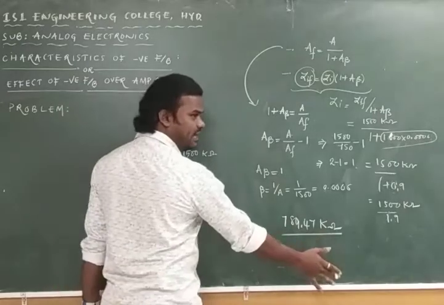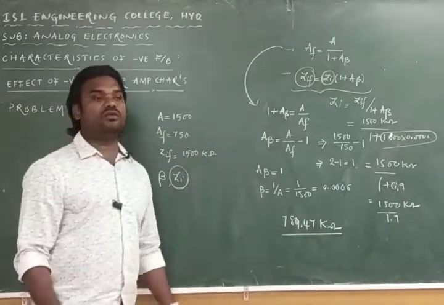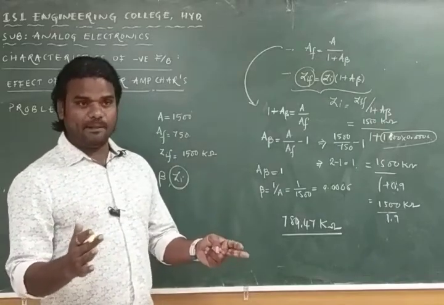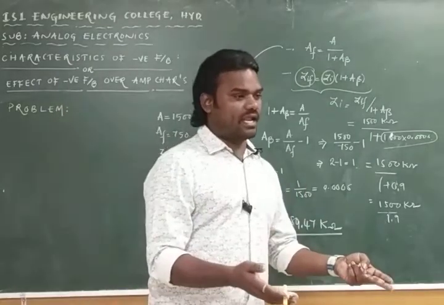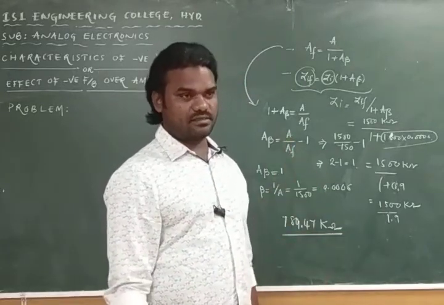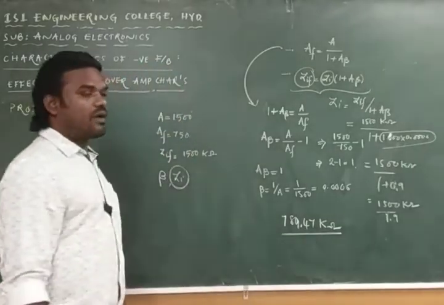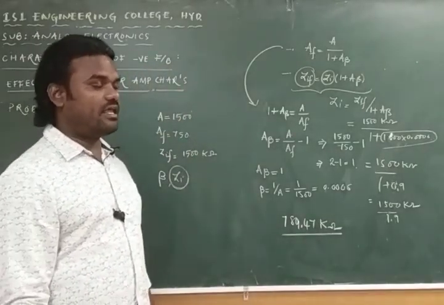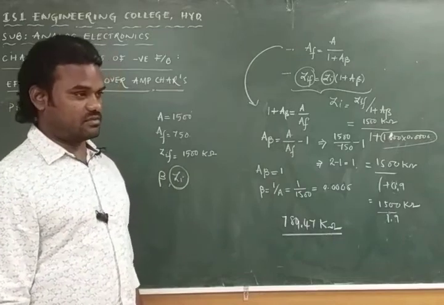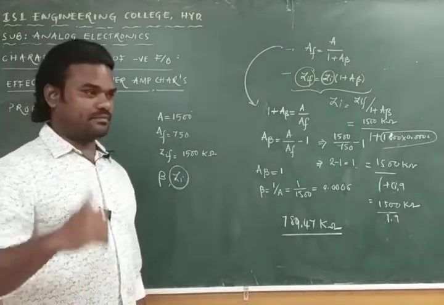So you have to conclude that by employing negative feedback, input impedance increases. Right? This is the problem which can be asked in the exam for 5 to 10 marks. This type of simple problem is asked in the exam.